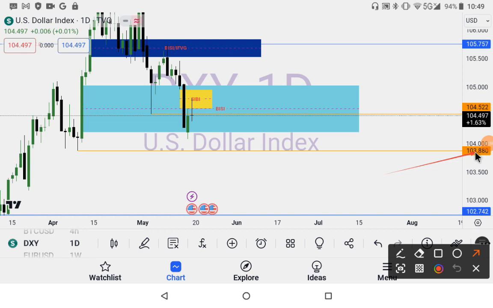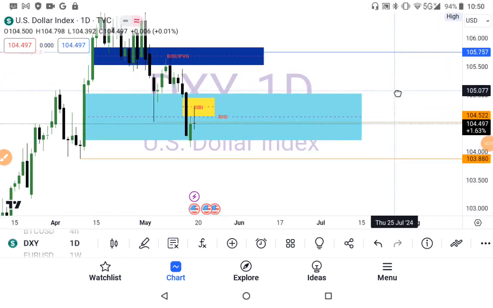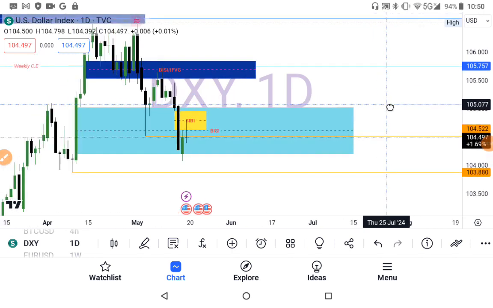As of last week, I said as long as the market trades below 105.757, I'll be watching 104.522, because I expected 105.757 to remain a resistance to the market.